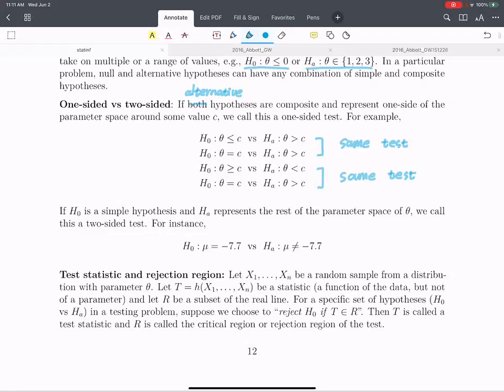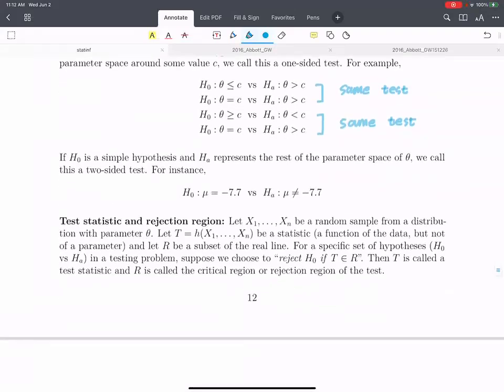If our decision rule is rejecting the null hypothesis if this statistic is inside the interval R, then we typically call T a test statistic and R a rejection region. Because if the test statistic is in R, then we will reject the null. We call it the rejection region.